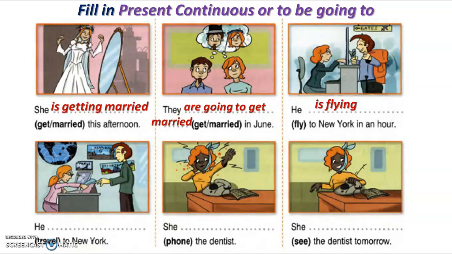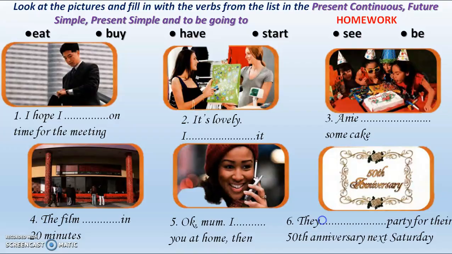It's a personal arrangement. He is going to travel to New York. He intends to do that. She is going to phone the dentist. She has planned, and she is seeing the dentist tomorrow. It's a future arrangement, a personal one.